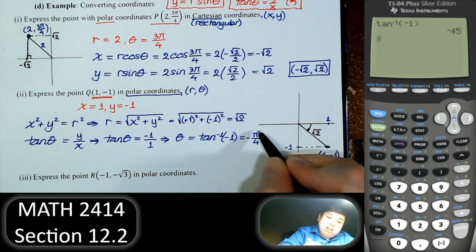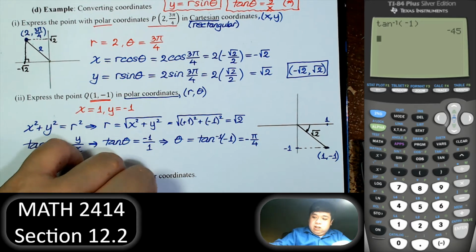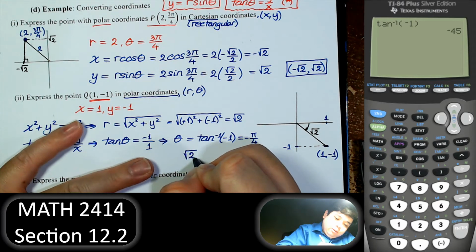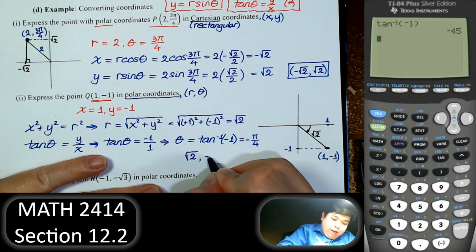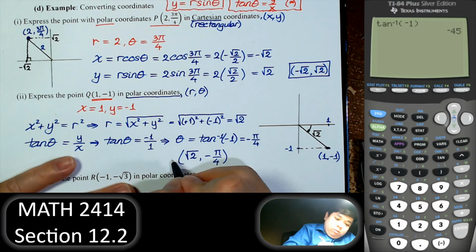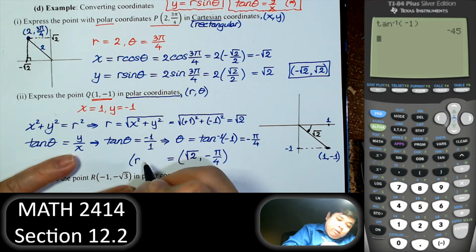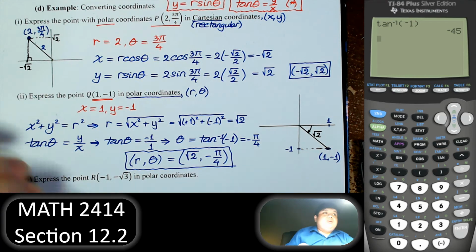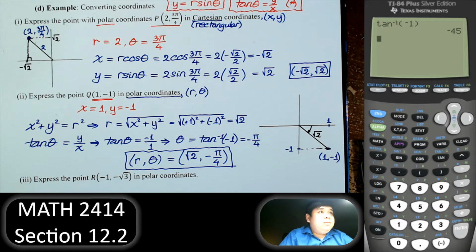So yes, the answer works. So square root of 2 for r, and theta is negative pi over 4. If we want to be clear, even better, we say r, theta equal to those. Right. Simple enough.